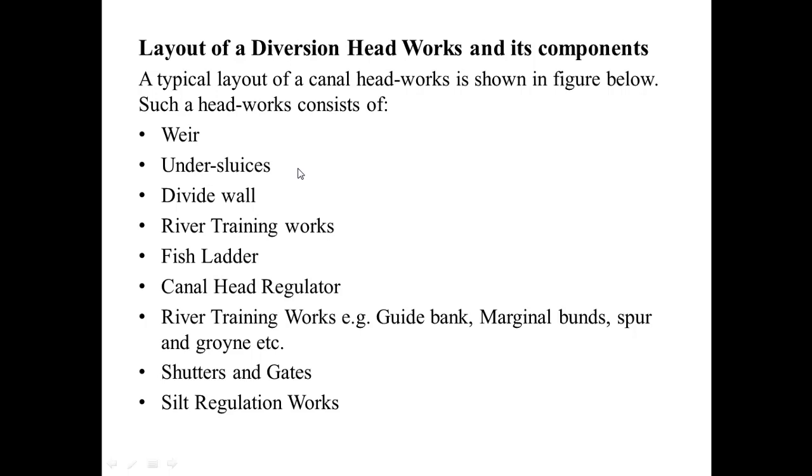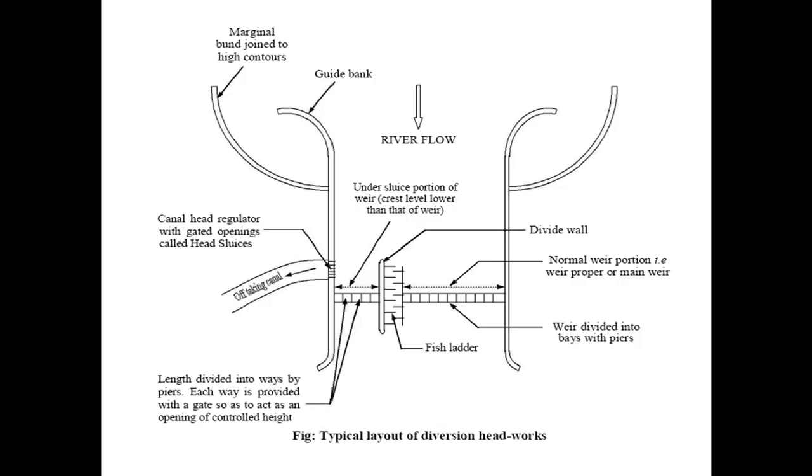In river training works we have guide banks, marginal bunds, spurs and groynes, etc. Also we have shutters and gates, and also we have silt regulation works. So these are the different components which are included in a diversion headwork. Also you can see the figure. In the figure these are shown.